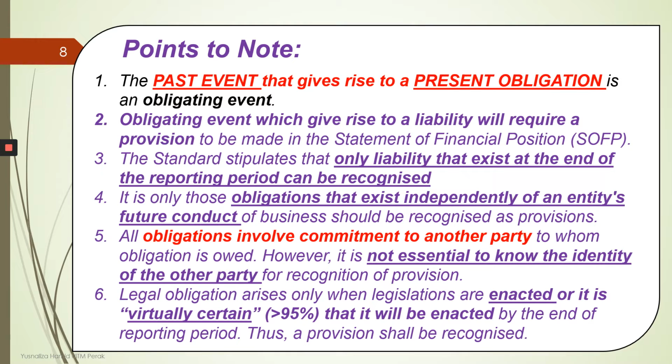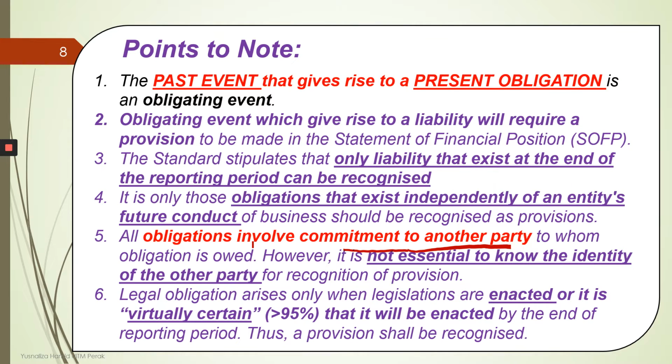Perhaps you can read this on your own, but most importantly, past events are the ones that give rise to a present obligation, and that will require you to consider a provision to be made. A liability that exists at the end of the reporting period is the one that can be recognized as a provision if it meets the recognition criteria.